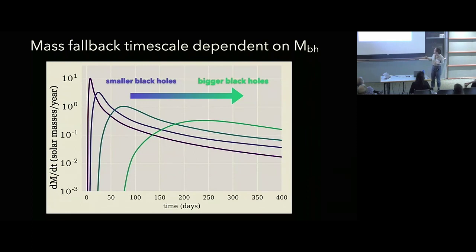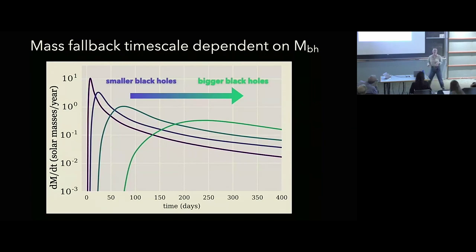But notably, if you change the mass of the disrupting black hole, you go from really short fallback rates to much longer fallback rates. This is, I think, a 10 to the 5 stellar mass black hole, so it's like 10 times smaller than our central black hole. This is 10 to the 8, so it's 1,000 times or 100 times bigger. And so there's a scale of 1,000 difference, and it really makes a dramatic effect on the mass fallback rate.